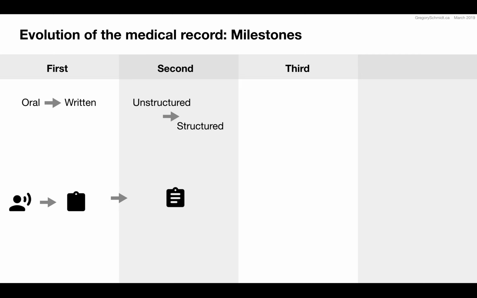Of course, the problem-oriented medical record of the 1970s exemplifies this shift to structured notation, which made team collaboration easier. And now the record could also be used for sub-purposes of auditing and quality assessments. And then we come to the third milestone, which is the move from paper to digital.